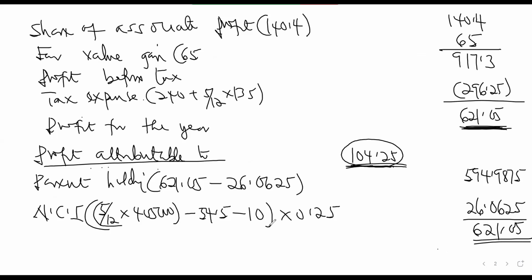So this will be done first. If you are putting all of them into the calculator, you will be using BODMAS, and the figure you'll be getting will be different. So do this one first. It will be the 5-month profit. Then we now adjust. These are post-acquisition items. Then you take it from that. You'll be getting 104.25.